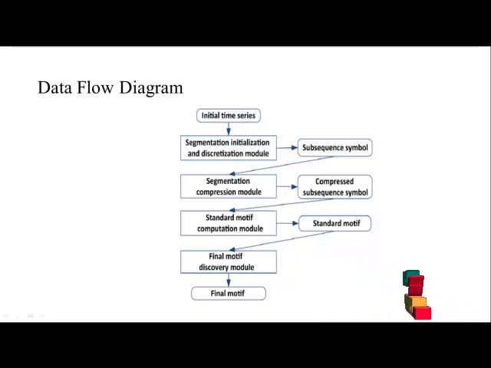The final motif discovery model finds out the values from the certain machine for a single result, and the discovery model finds the actual result of the particular given time series data, and then finds the final results.